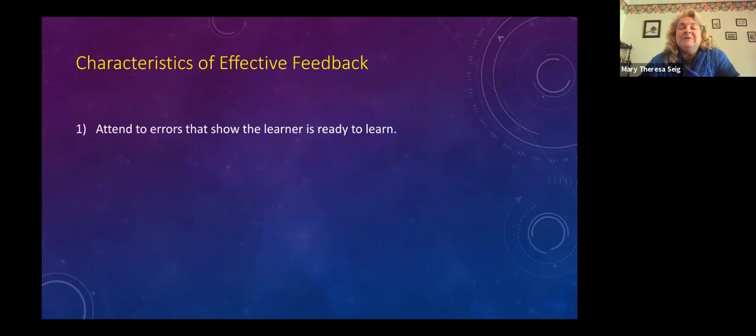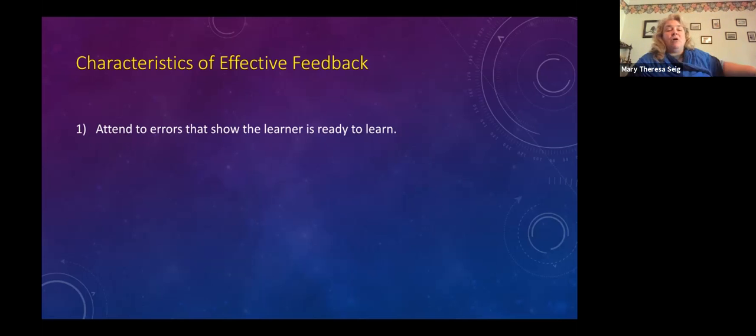So the first is to attend to errors that show that the learner is ready to learn. Those of us that have studied second language research theories understand that learners can only learn what they have noticed and what they are aware of. And so if you see an error that the learner is struggling with, where sometimes the learner is doing it correctly, sometimes incorrectly, those definitely you should attend to.